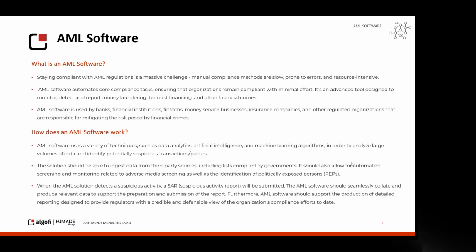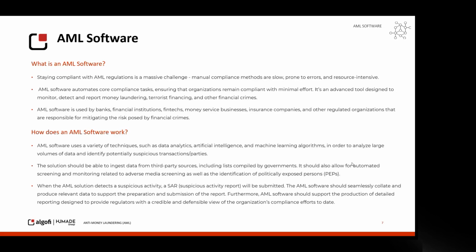It's an advanced tool designed to monitor, detect, and report money laundering, terrorist financing, and other financial crimes. AML software is used by banks, financial institutions, fintechs, money service businesses, insurance companies, and other regulated organizations that are responsible for mitigating the risk posed by financial crimes.